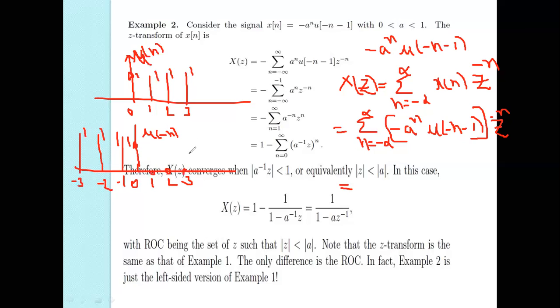This is mu of minus n, and now I am subtracting 1, that is mu of minus n minus 1. So for the folded function, take the minus as common: mu of minus of n plus 1.